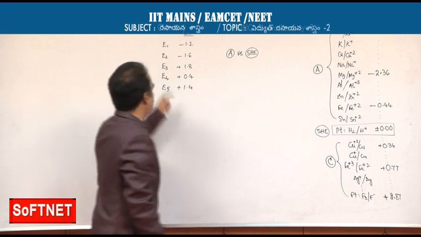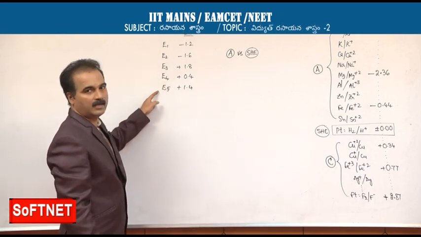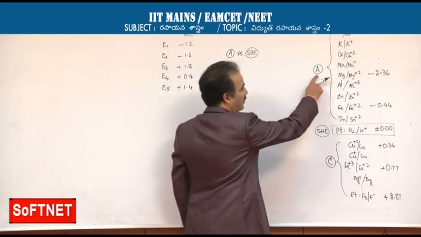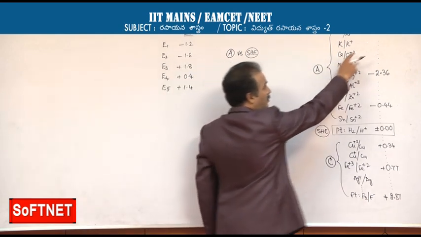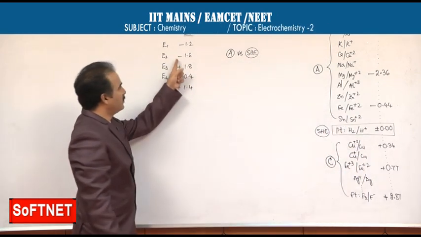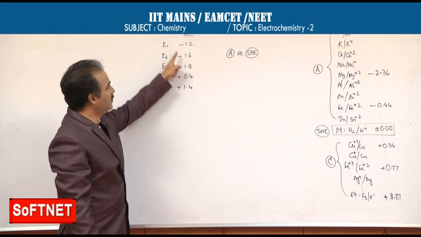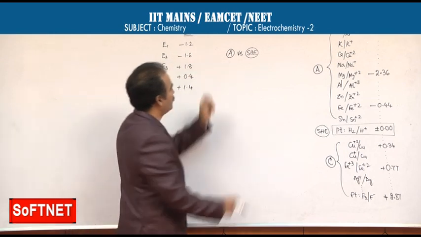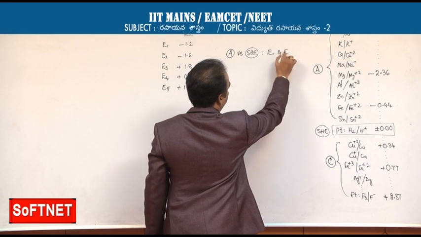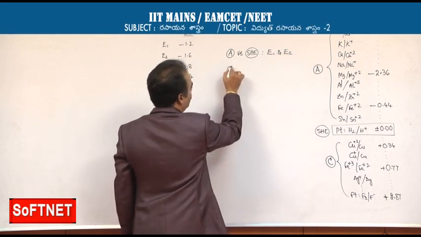To act as anode against the standard hydrogen electrode, the reduction potential should be negative, and these two have negative reduction potentials, so E1 and E2 act as anode versus SHE.